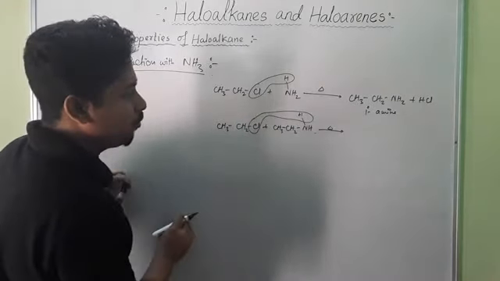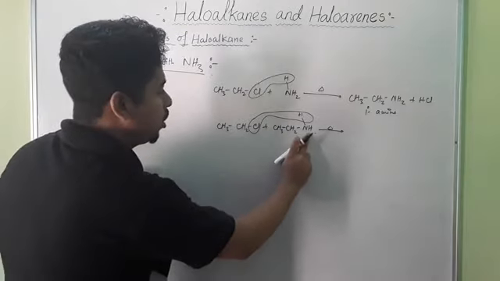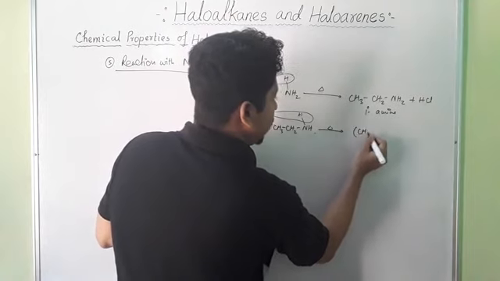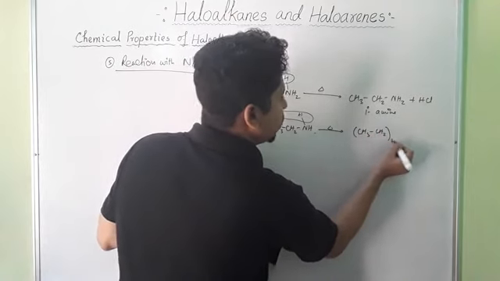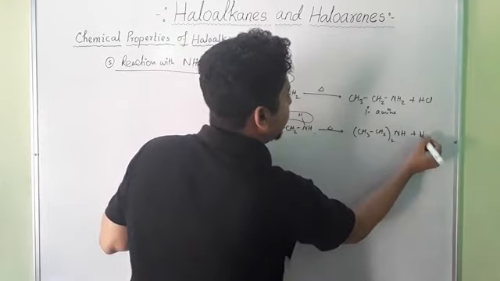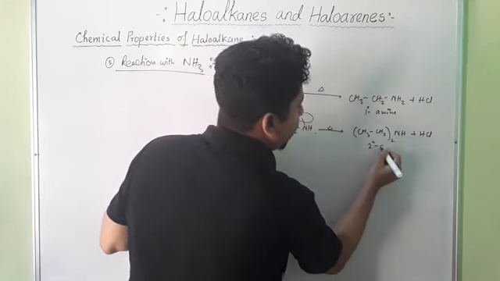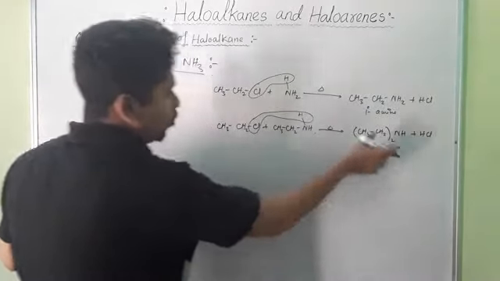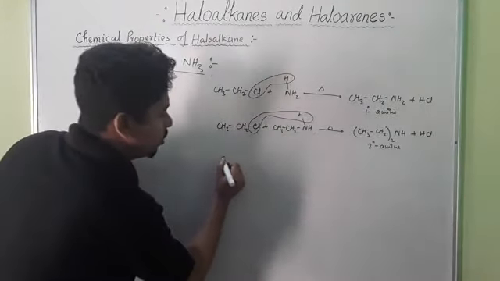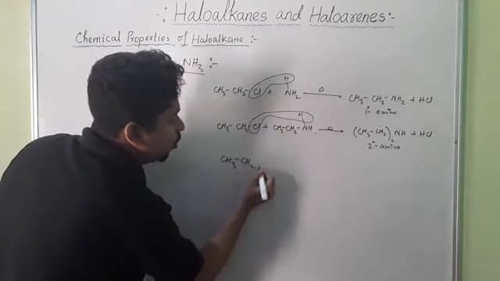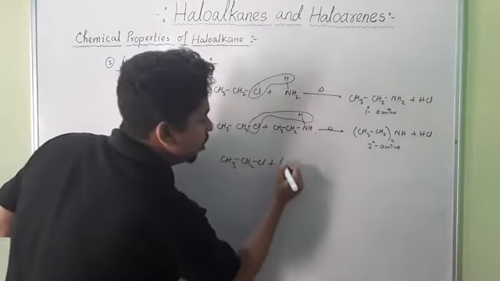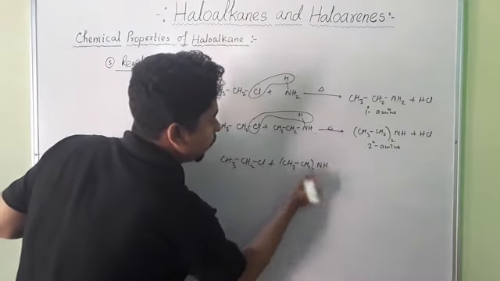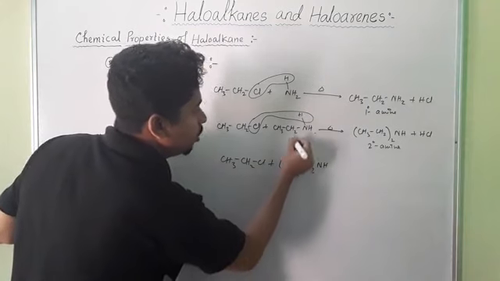We are left with CH3CH2-NH-CH2CH3, that is (CH3CH2)2NH plus HCl. This is a 2 degree amine. Now again this molecule will react with ethyl chloride, CH3-CH2-Cl plus (CH3CH2)2NH. This is a 2 degree amine, and this is a 1 degree amine.